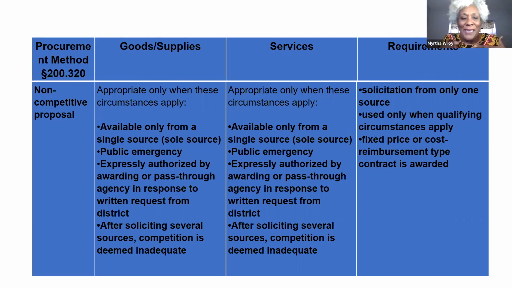Because as an agent, I can say that I really need this to not be competitive. So that's what I would write my justification as a contracting official, that I need this contract.